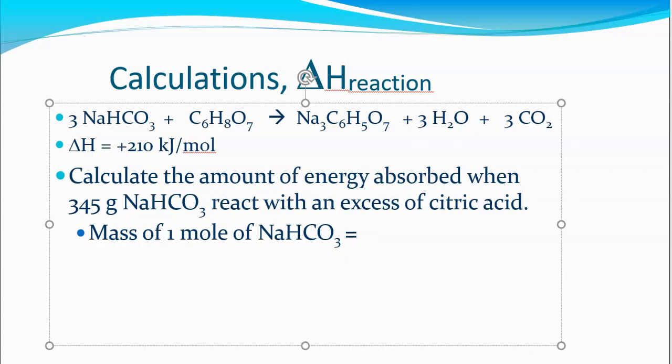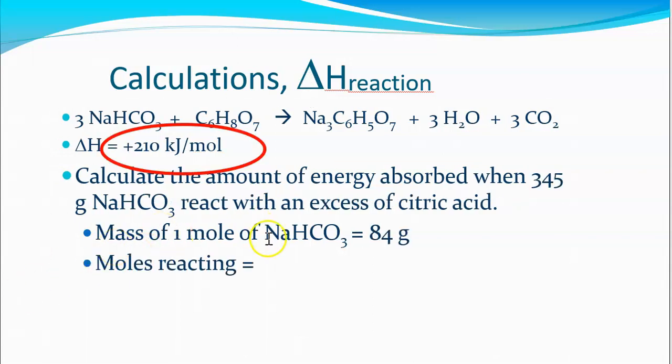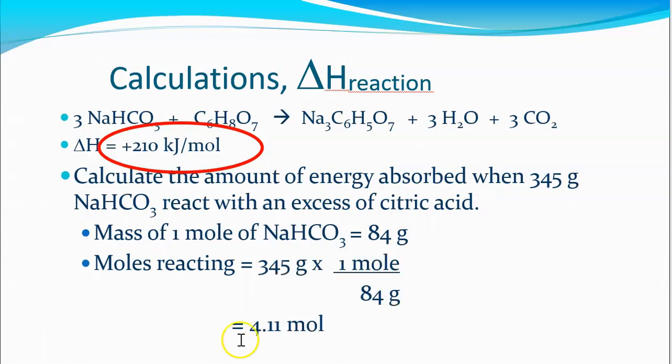Okay, well, moles of sodium hydrogen carbonate means we need the molar mass. That means I'd add up a sodium, a hydrogen, a carbon, and 3 oxygens to get about 84 grams per mole. So we can find out how many moles are reacting then. 345 grams, 1 mole over 84 grams.